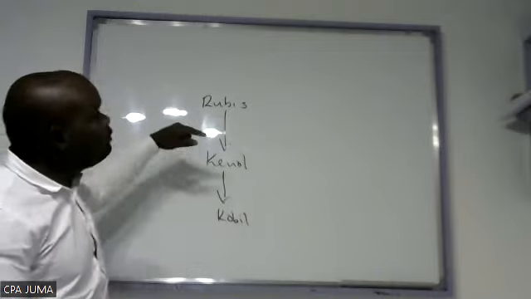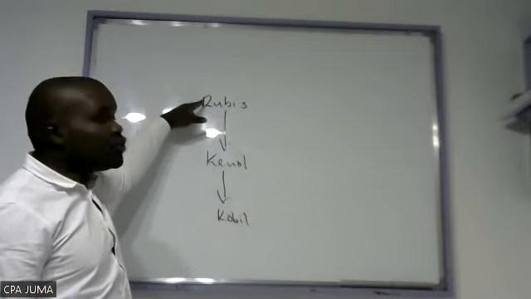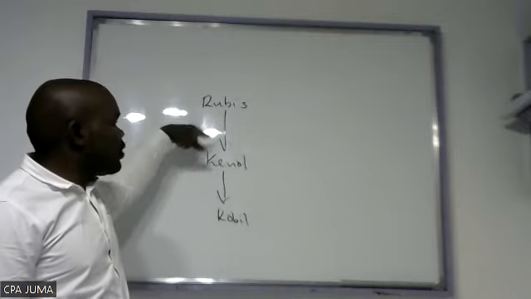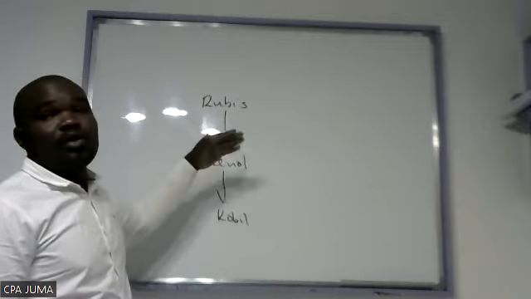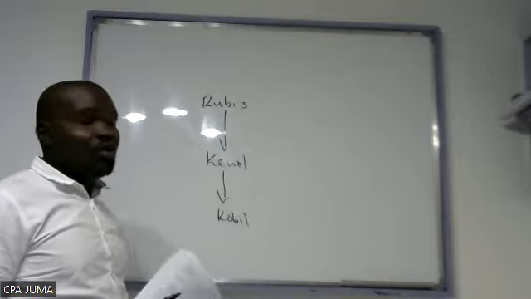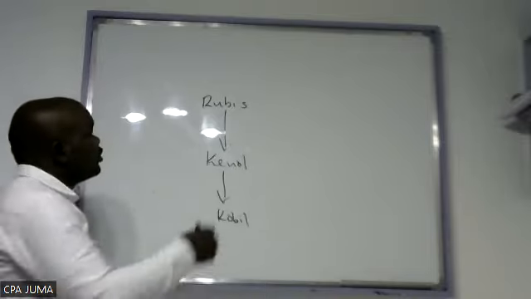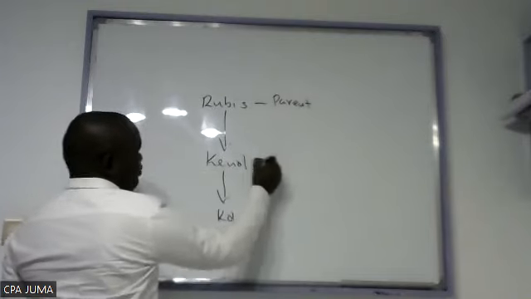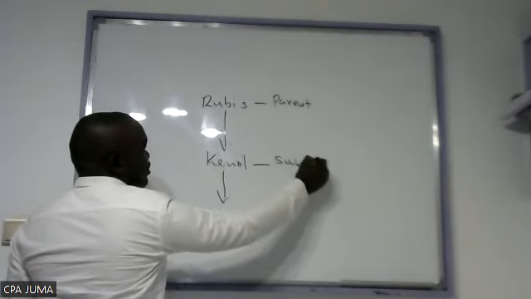So when Rubis came to negotiate, they negotiated with the parent. Rubis acquired Canon, then Canon was told to come with the people it had also acquired. So in this group, Rubis becomes the parent, Canon becomes the subsidiary.